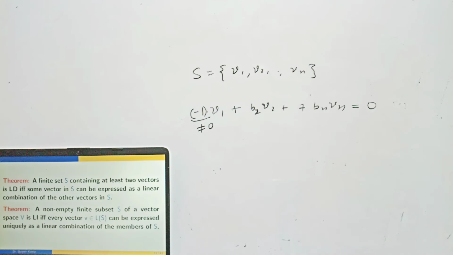Next theorem. A non-empty finite subset S of a vector space V is linearly independent if and only if every vector v belonging to L(S), the linear span of S, can be expressed uniquely as a linear combination of the members of S. Both ways you can prove this result easily.